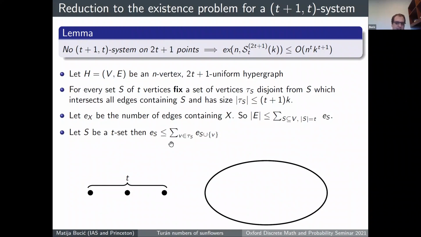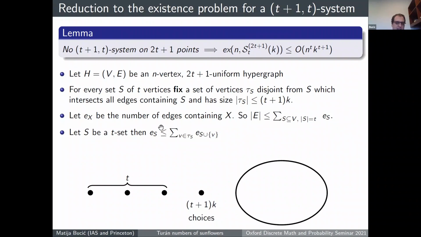So in particular, there are at most T plus 1 times K such vertices V. So in this inequality we get T plus 1 times K summands, and each of the summands is at most n to the T, because it's counting T element subsets. So there are at most n to the T of them. Putting this together, here we had n choose T different sets, but n to the T is the same if we don't care about constants.